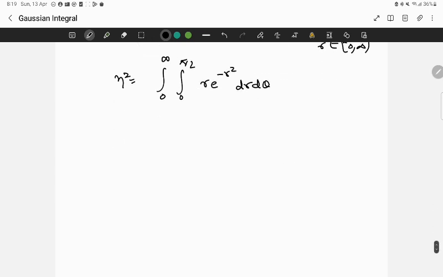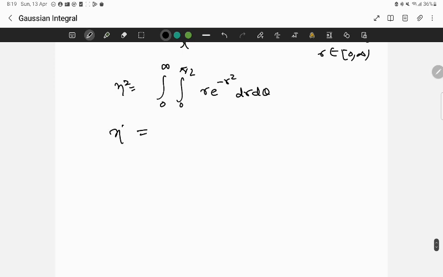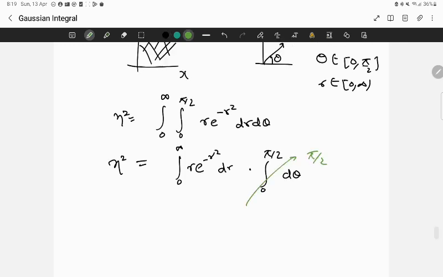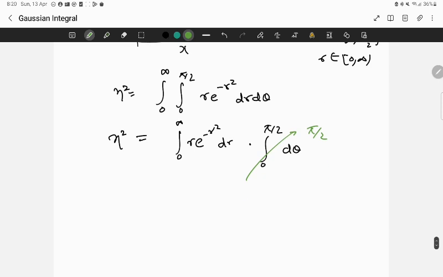So eta squared is just the integral from 0 to infinity of r e to the power of minus r squared dr, multiplied by the integral of d theta. That basically just becomes pi by 2, and this integral looks a lot like the gamma function, but if you don't want to do it that way either, you can do the following thing.